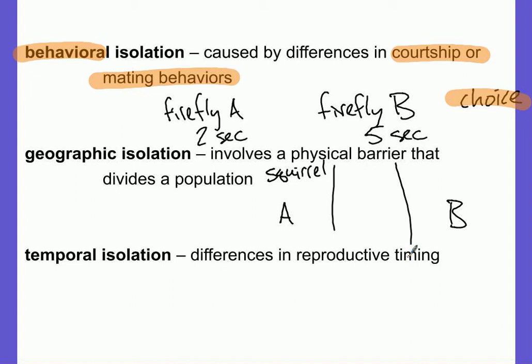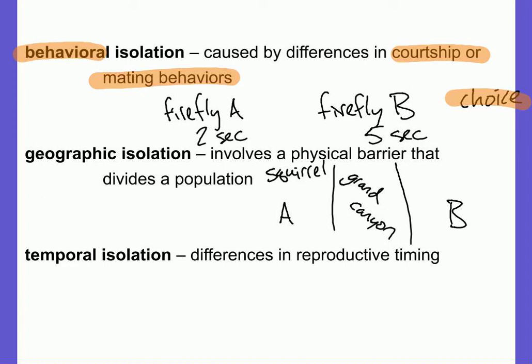So one population is living on one side of the Grand Canyon. The other one's living on the other side. And as you can tell, that big gap in between them is preventing them from getting together. Right? So actually the physical barrier could be a lot of different things.